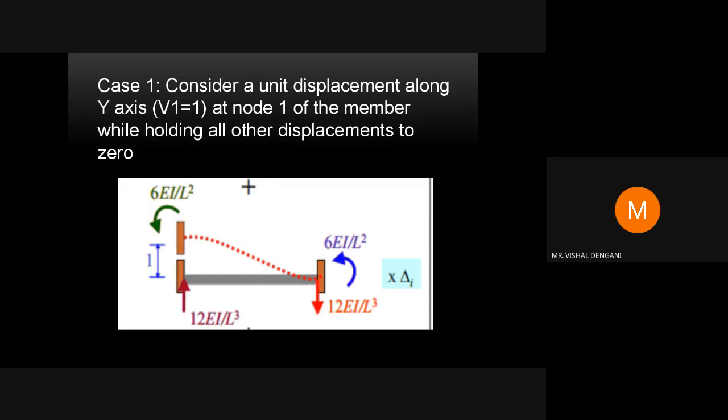So force or moment equals 6EIδ/L², which is nothing but K into δ. I have only written the value of the stiffness coefficient here, 6EI/L², the same at both ends of the member. Similarly, this is the value of moment.